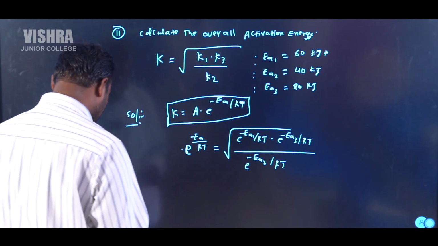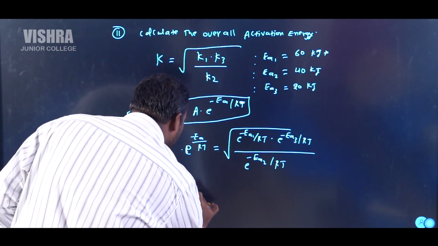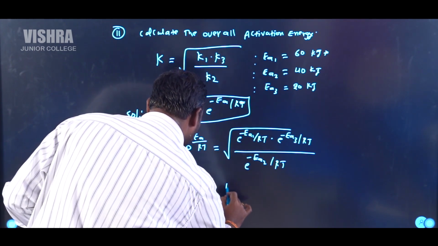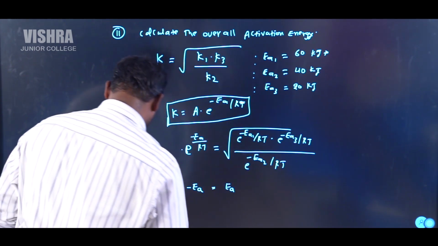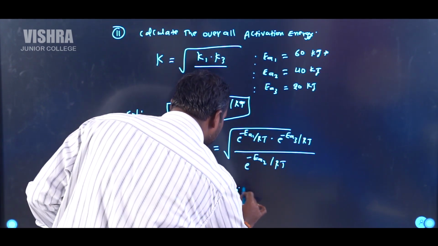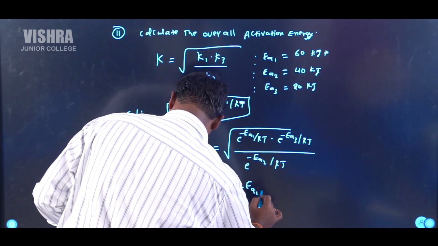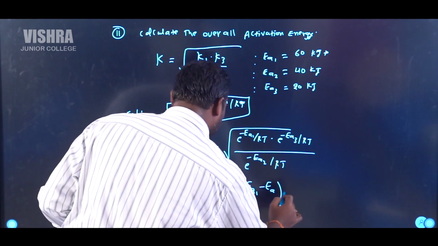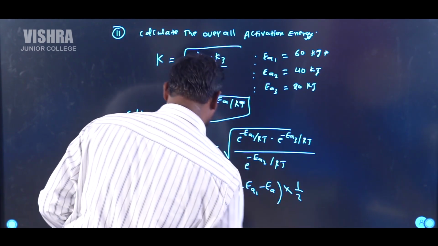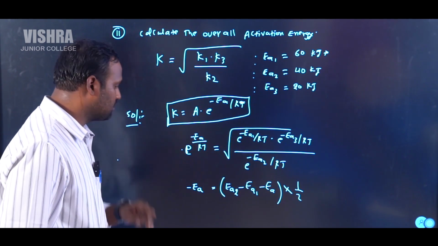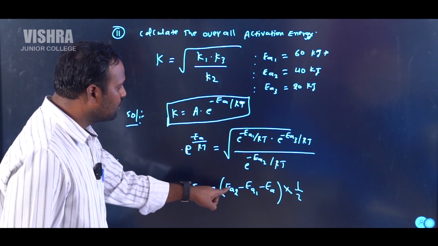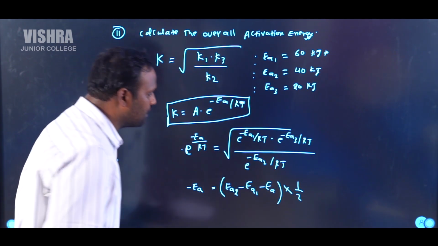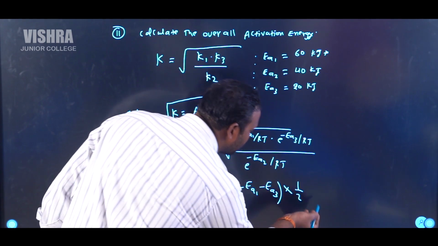Therefore we can write minus Ea is equal to 1 by 2 into Ea2 minus Ea1 minus Ea3. From this you can derive Ea is equal to 1 by 2 into Ea1 plus Ea3 minus Ea2.